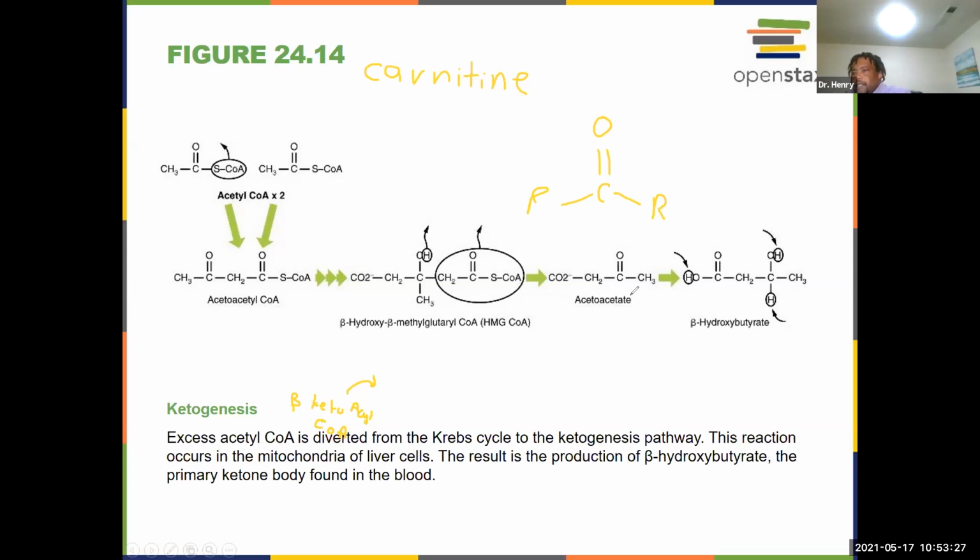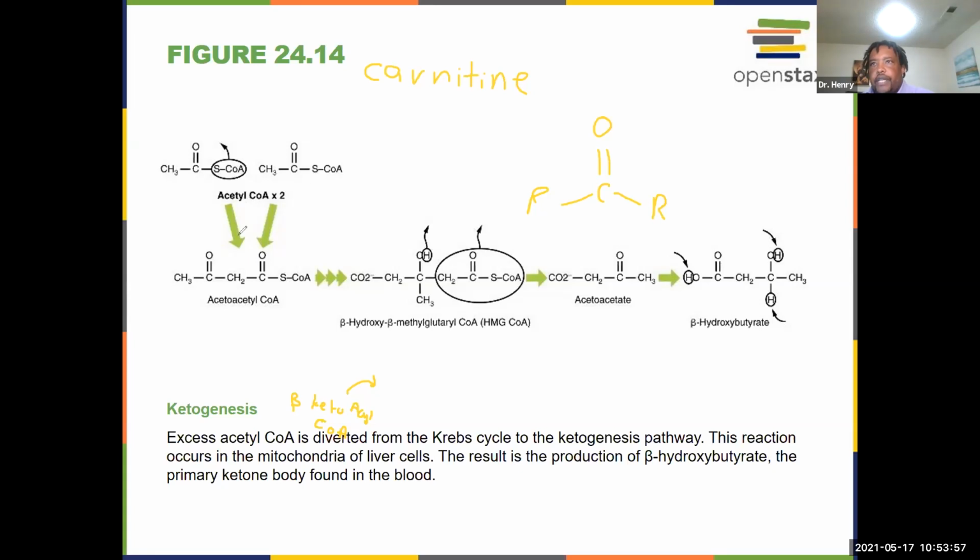So ketogenesis is basically the formation of ketone bodies. In this process, we have two acetyl-CoA molecules.